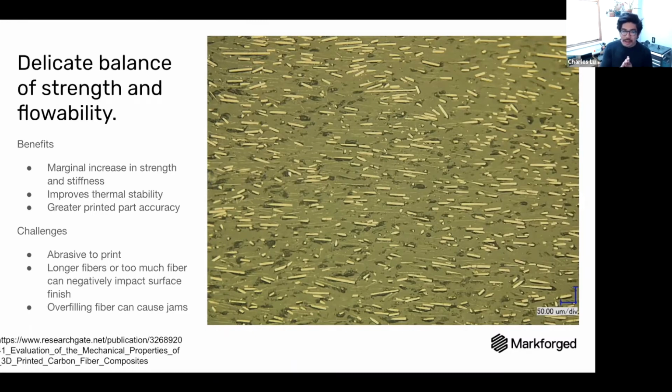I mentioned this earlier. Longer fibers or adding too much fiber has a number of negative impacts. It can impact surface finish, but it can also cause jams. And that's what we've seen with a lot of the fibers that exist on the market. In order to get higher strength numbers and compete with other filaments, you say, well, all the other filaments are saying that they have 60 megapascals flexural strength.